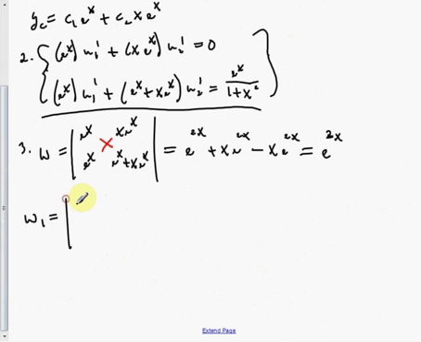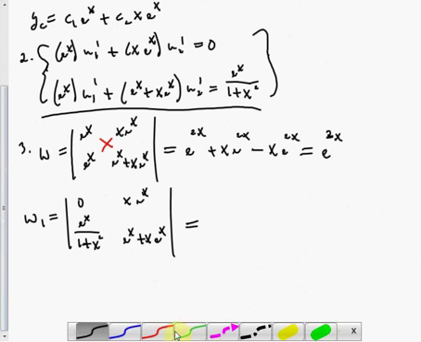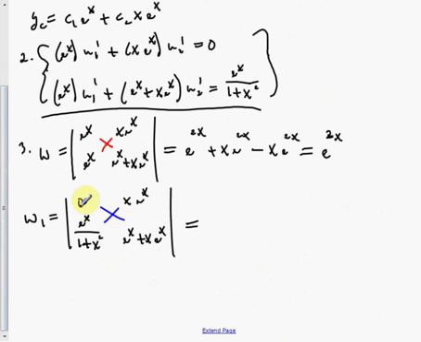W sub 1, replace the first column with 0, e to the x over 1 plus x squared. And then this column is x e to the x, e to the x plus x times e to the x. So the crisscross, we get 0 for the first term minus x times e to the 2x all over 1 plus x squared.